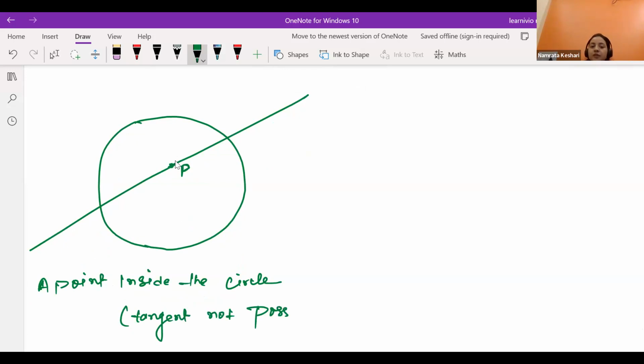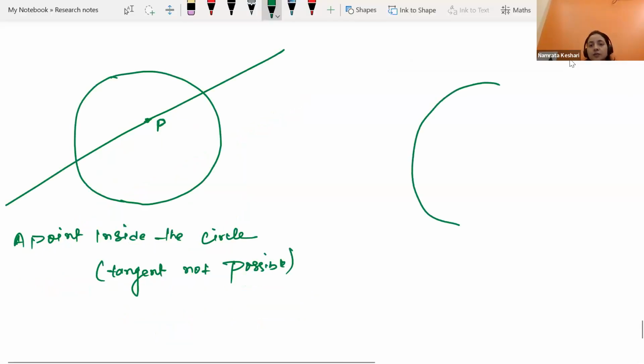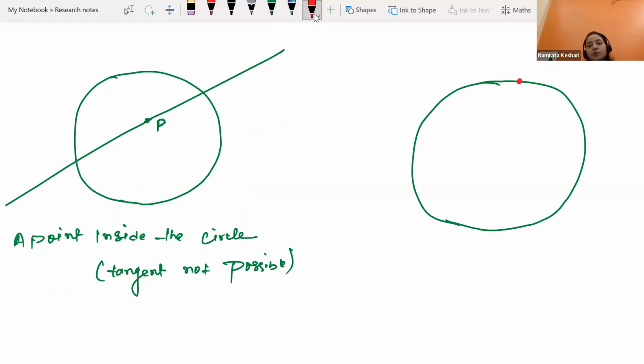Fine. Now another scenario: we have a circle and I give you a point on the circle. This time I'm calling it point P again. Can you draw a tangent through this point P? Yes, we can. How many tangents can we draw from here?